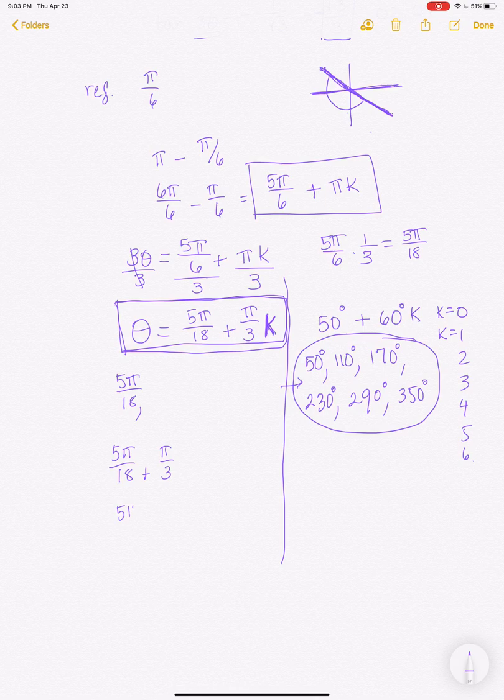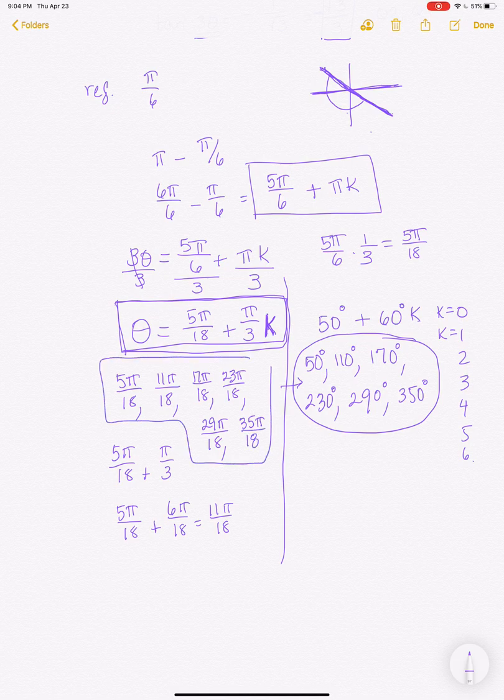So this would be 5 pi over 18 plus 6 pi over 18, which is 11 pi over 18. And you can continue like that and you're going to get the same answers. So you're going to get 17 pi over 18, 23 pi over 18, 29 pi over 18, and then the last one would be 35 pi over 18. And those would be your 6 solutions between 0 and 2 pi if you're dealing with radians.